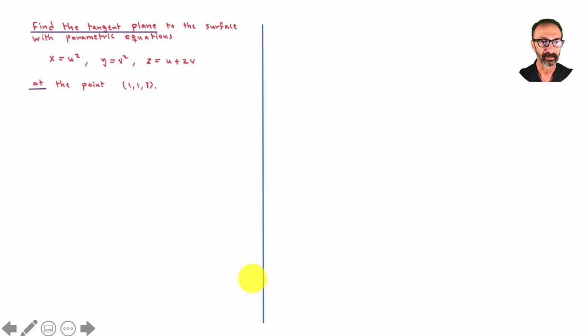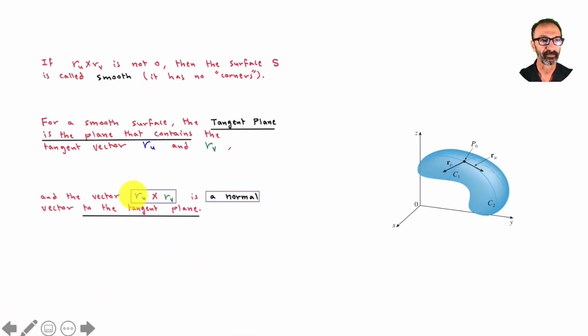Let's go back. Those are the concepts that we need to use for the tangent plane. So when we find the tangent vectors at this point, we do the cross product, we get the normal, and we need the normal for the plane equation, which in our case is called the tangent plane.